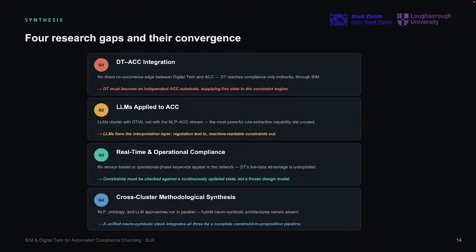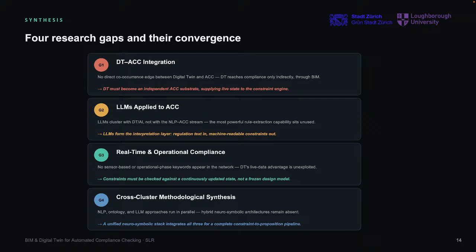Those three are parallel streams being followed in the research. But there is no merger or hybrid architecture that maps NLP, ontologies, and so on, right? Real-time operational compliance is what we're now trying to do, considering IoT on the construction field, which maps into the first gap that was presented.